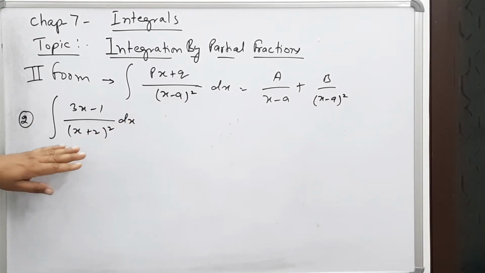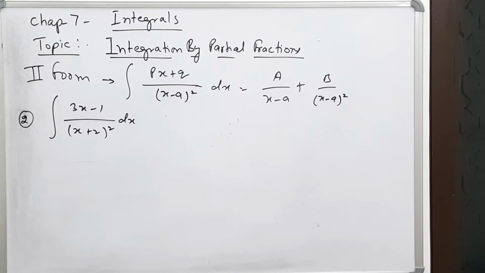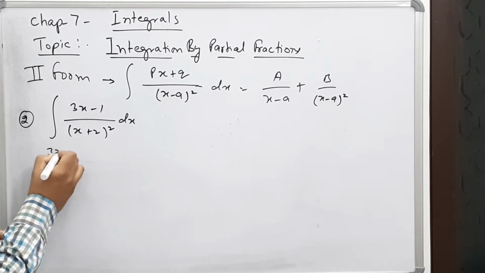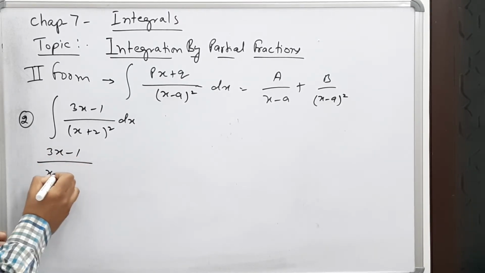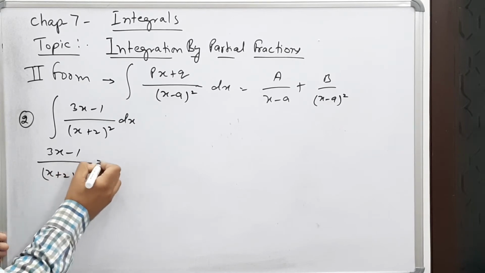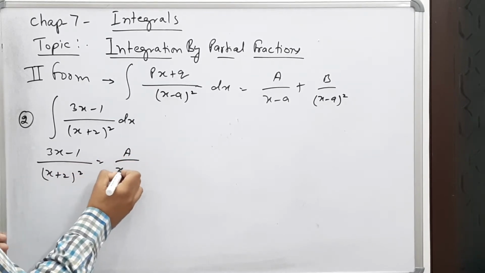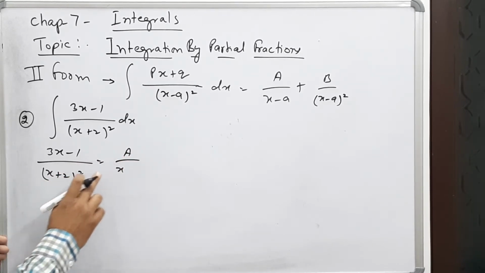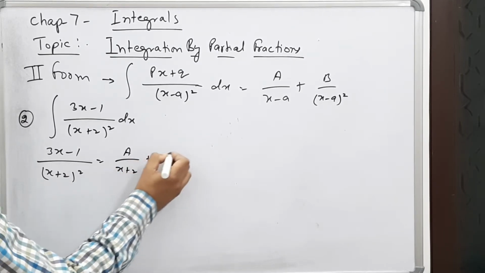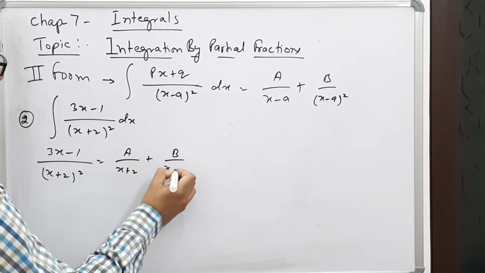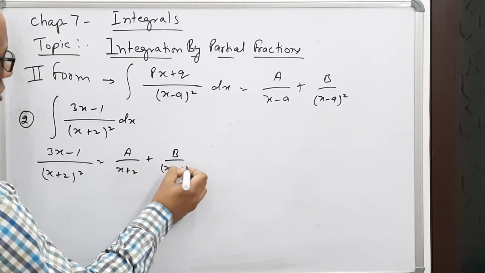I will explain this with the help of this example. So we write (3x - 1) upon (x + 2) whole square as A upon (x + 2) plus B upon (x + 2) whole square.